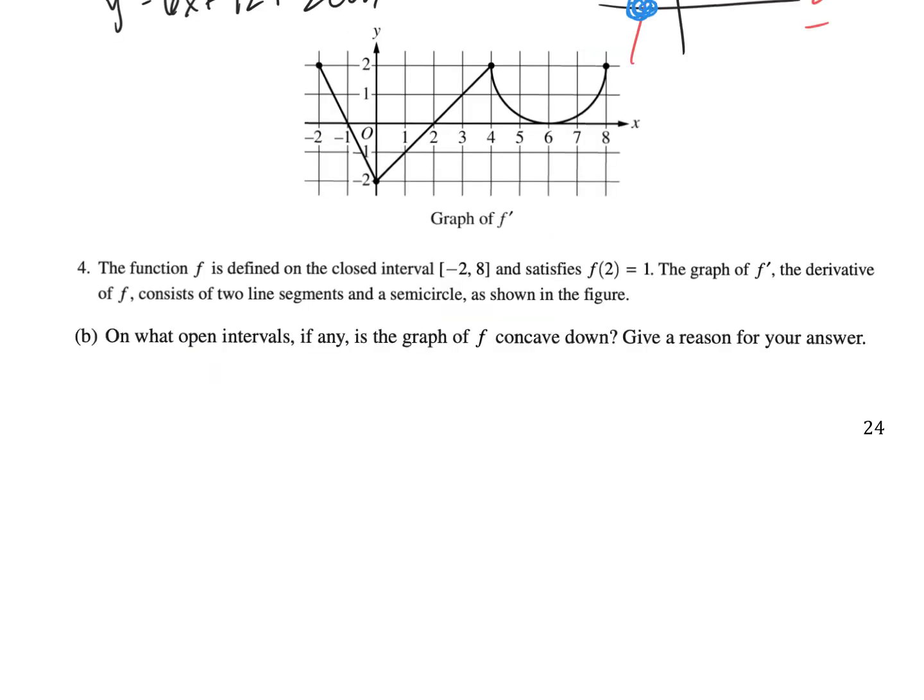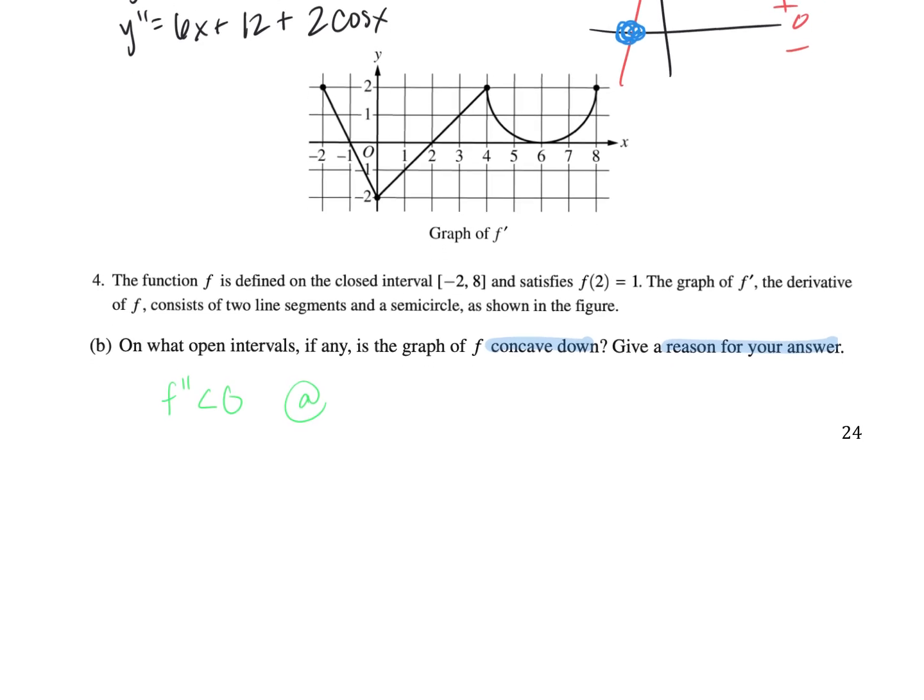It says, on what intervals is the graph concave down? When it says give a reason, what makes something concave down? F double prime is negative. That's your reason. You don't have to write anything more than that. And then we just have to say where. For what x values is my f double prime negative? This is a graph of f prime. How would I find f double prime from that graph? The slope.